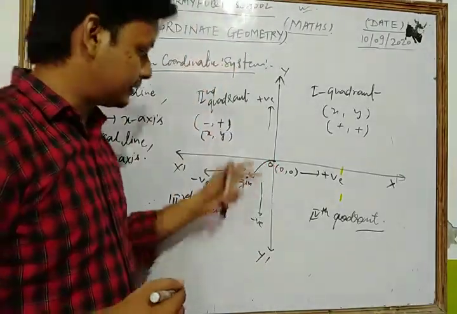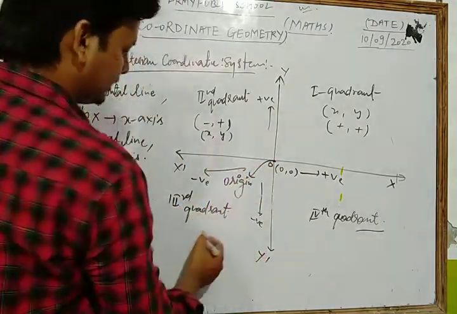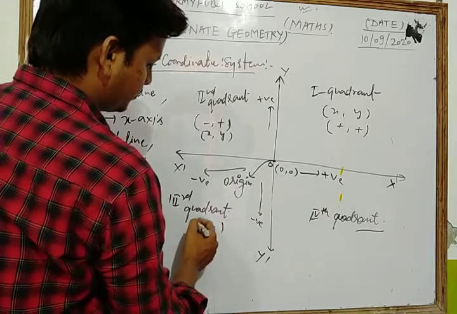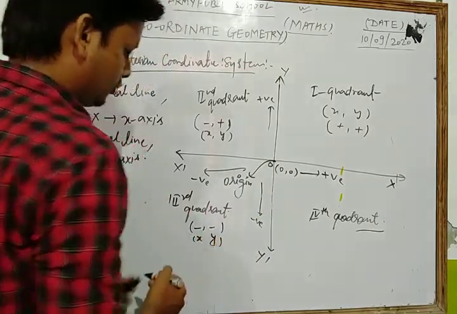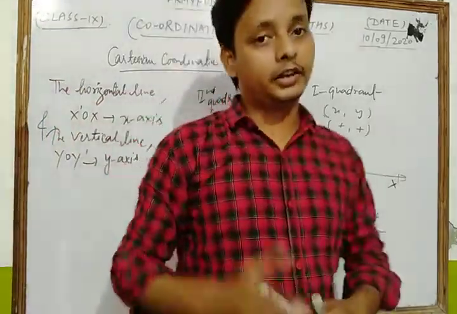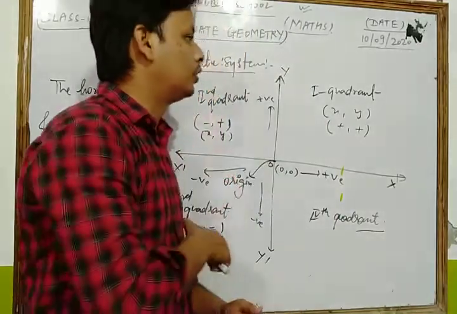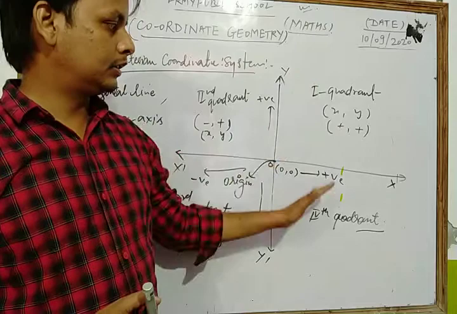Now we discuss the third quadrant. This is the negative direction of x and this is the negative direction of y. So in the third quadrant, both the abscissa and ordinate are negative. Now, dear students, we discuss the fourth quadrant.